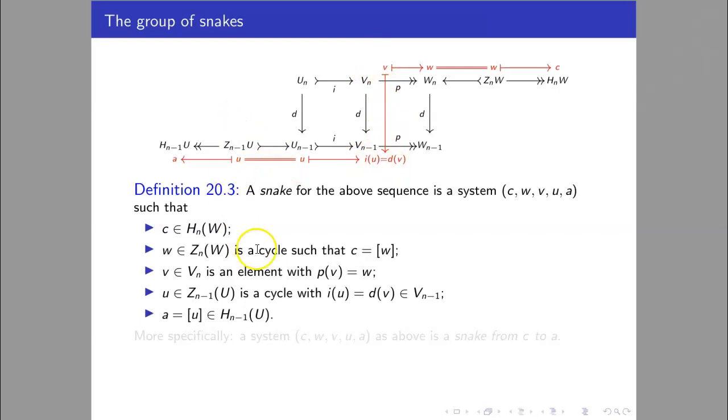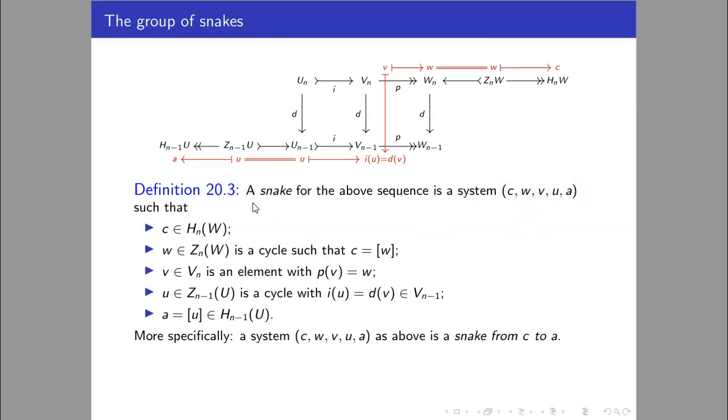And then final condition, this last element here, a, that's supposed to be an element in H_{n-1}(U). That's got to be represented by u. So a is going to be equal to square bracket u as an element of the homology group H_{n-1}(U). And we'll also say that this list here, C, w, v, u, a, is a snake from C to a.